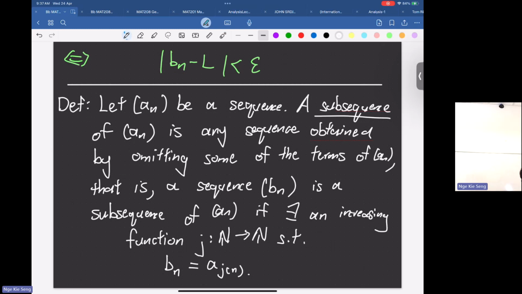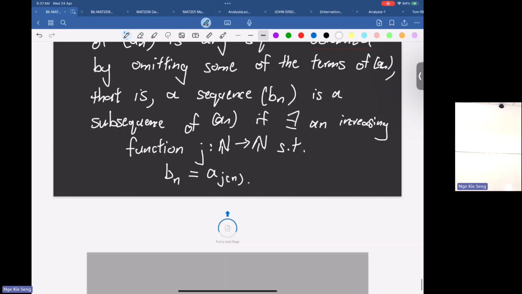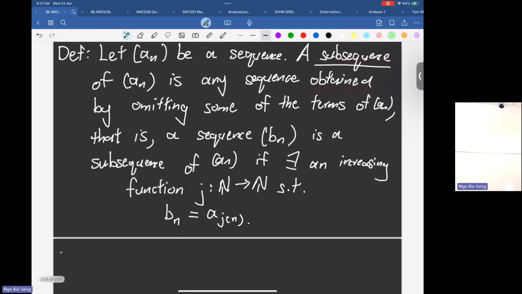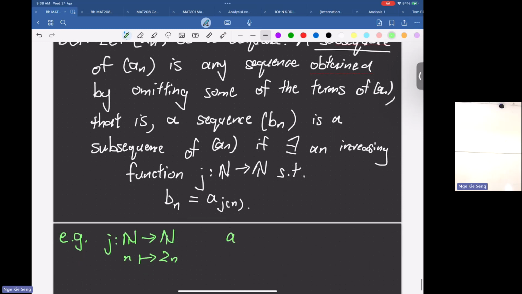Okay, let me illustrate this to you. Once you have this definition, you should have some imagination. What kind of function is an increasing function here? Let's say we take n to 2n. Is it increasing or not? Increasing, right? Let's say my a_n is 1 over n for all n.